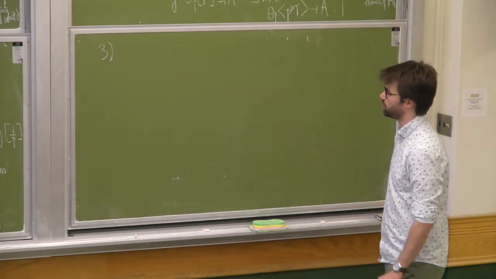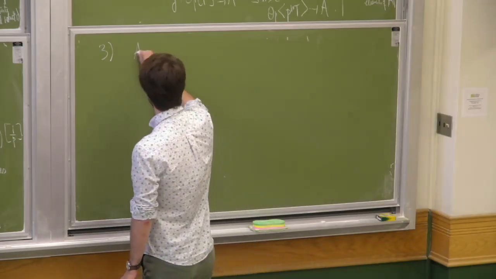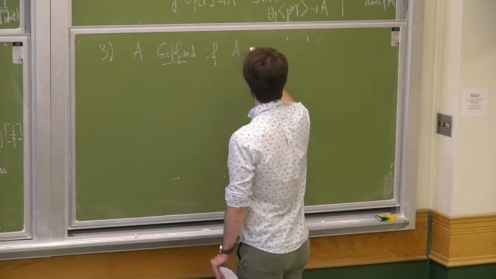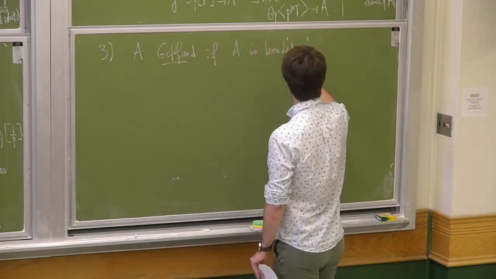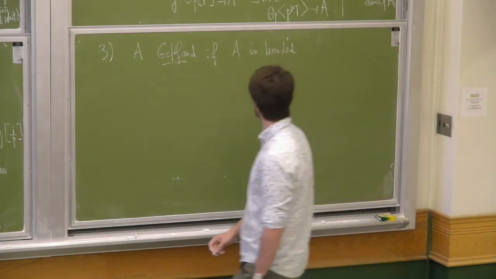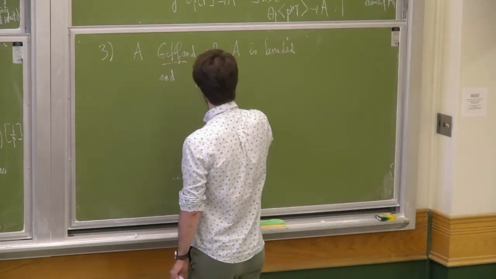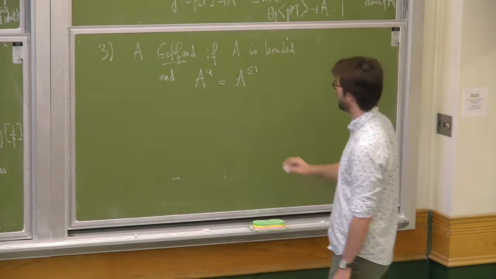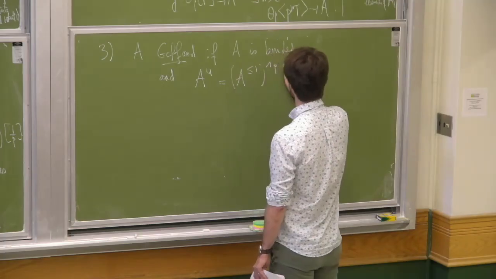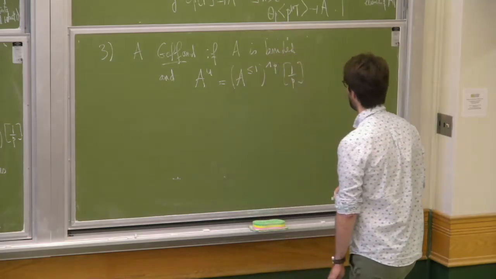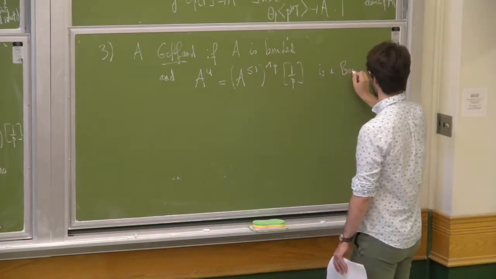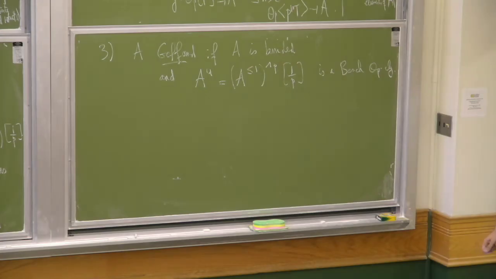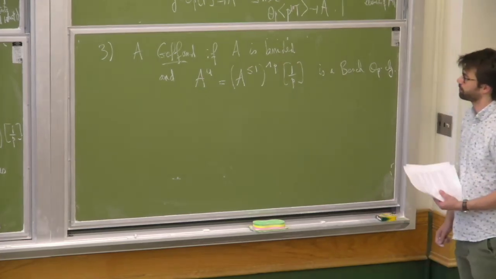So the main class of rings we will work with is what I will define now. We say that A is Gelfand if, first of all, you have to be bounded, and the uniform completion of A, which is defined by taking the less-or-equal-to-one part, taking its p-adic completion, and then inverting p again, I want this to be a Banach algebra.